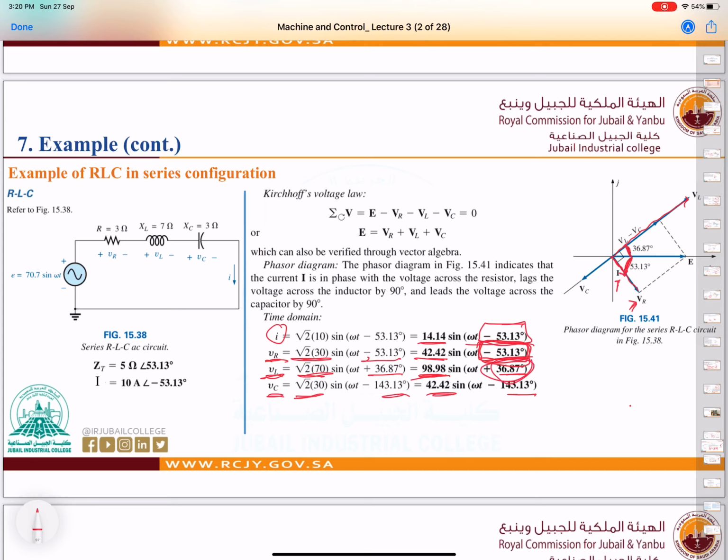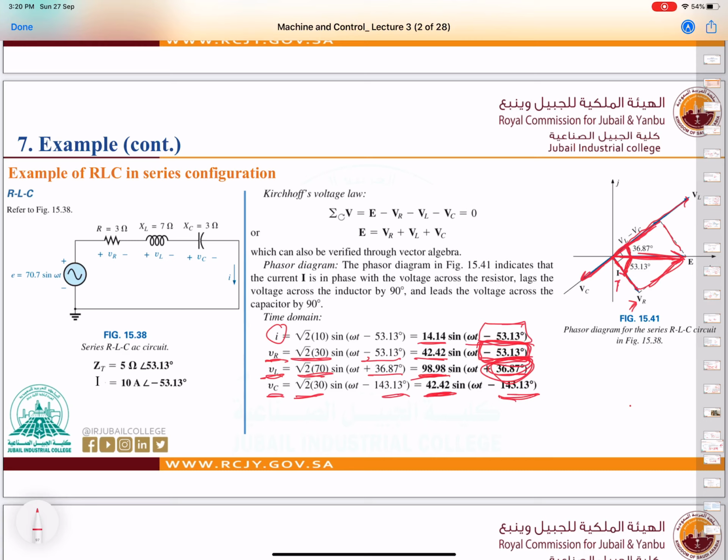And VC is 42.42 with angle minus 143.13. So this is the difference between the two magnitudes, and you will find the voltage source here. This is the voltage source.